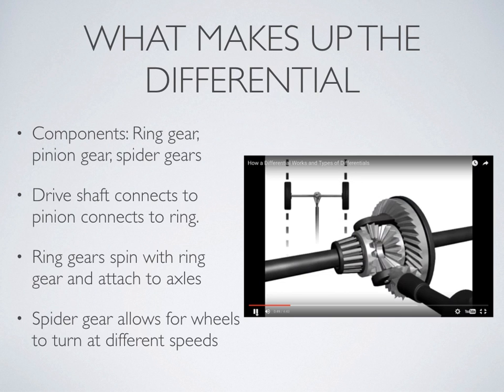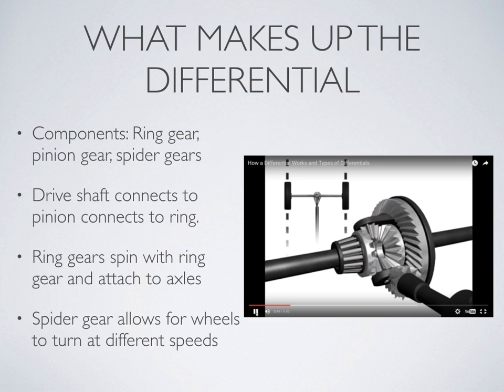So what are the main components of a differential, and how do they work? You have one big outer ring gear, which is connected on one axle and which is driven by a pinion gear, which connects the drive shaft to the ring gear and spins it. On the inside of the ring gear, you have spider gears, which spin directly with the ring gear.